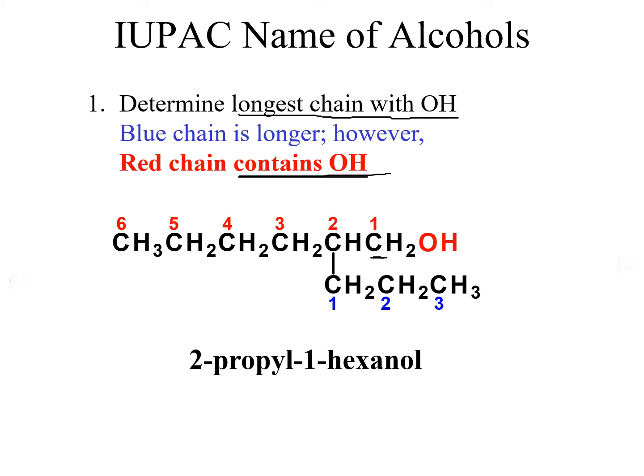So it becomes hexanol, and carbon number 1 in this case is attaching the hydroxyl, so it becomes 1-hexanol. Now this whole thing will be the branch that is attached at carbon number 2. It's a 3-carbon alkane, so it is 2-propyl-1-hexanol.